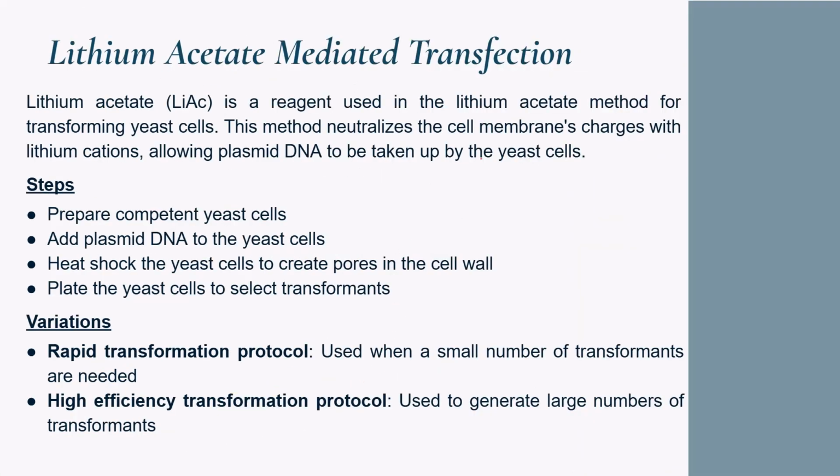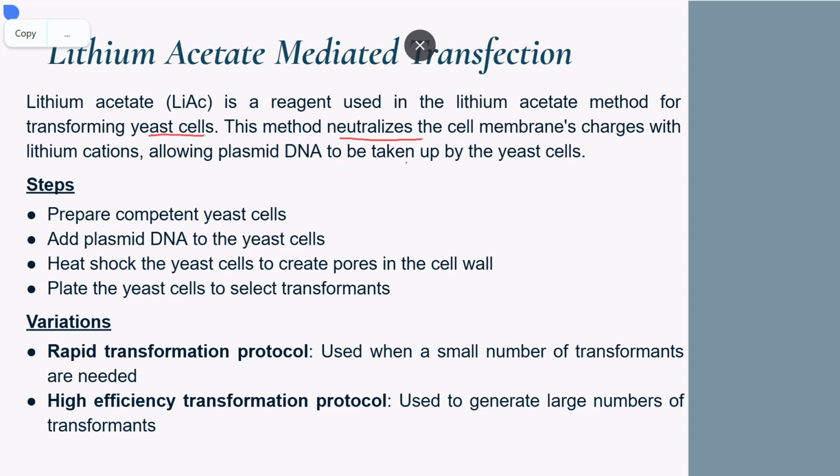Now lithium acetate mediated transfection. Lithium acetate, LiAc, is a reagent used in the lithium acetate method of transforming yeast cells. It's usually performed on yeast cells. In this method, lithium acetate will neutralize the cell membrane's charge. The cell membrane will have a charge, right?